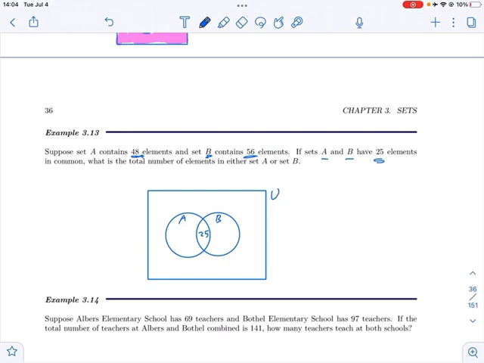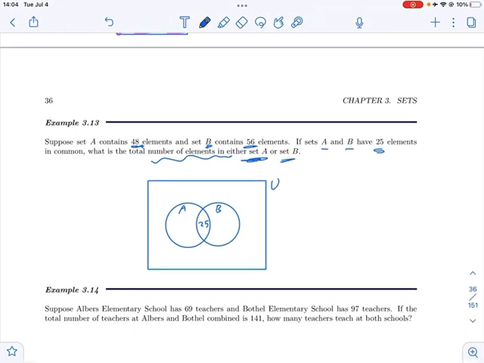Now, what is the total number of elements in either A or B? Before that, if we have 25 in the middle, that means in both A and B, and we have 48 in A, so we need to subtract this from 48, and that will give me 23.